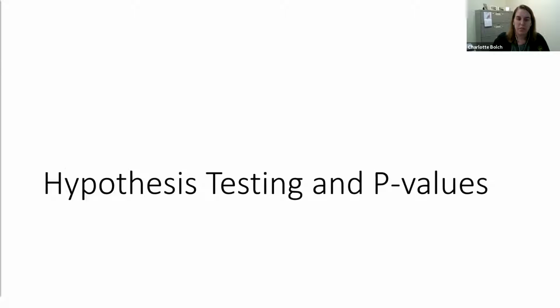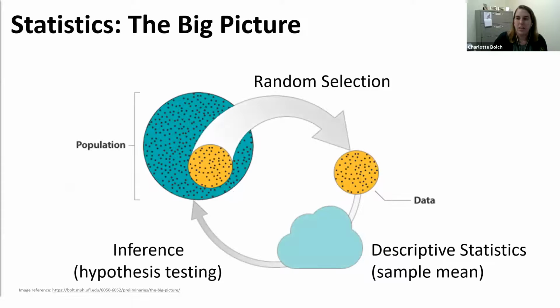So first off, we're going to go through explaining what hypothesis testing is and p-values. I wanted to bring back this big picture of statistics, which I shared last time. We're using data from a random sample to calculate summary statistics and also conduct inference about the population based on the sample.